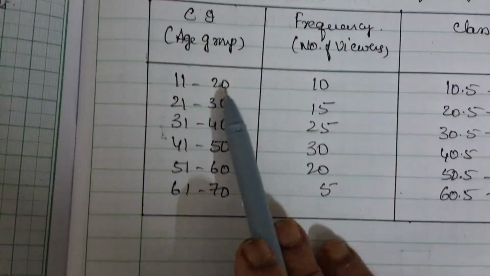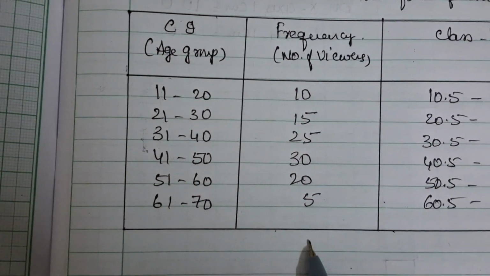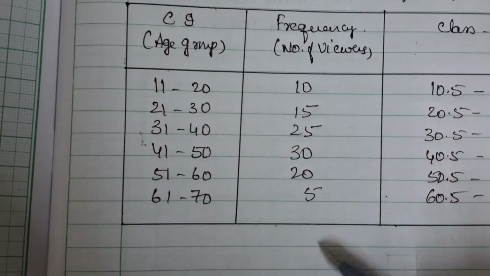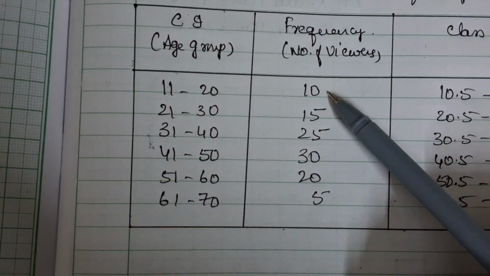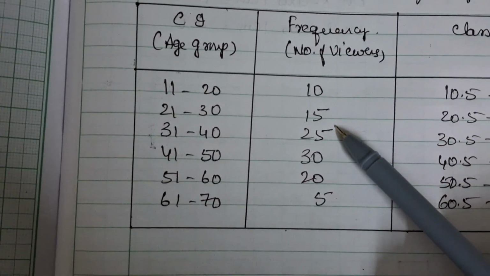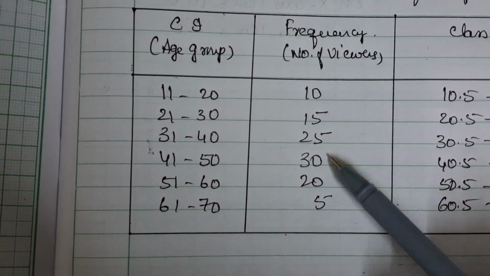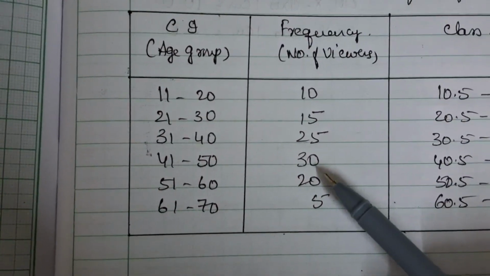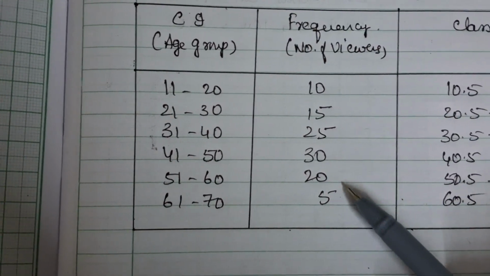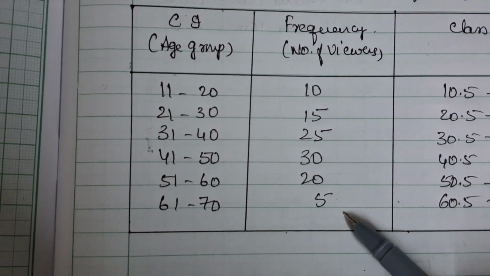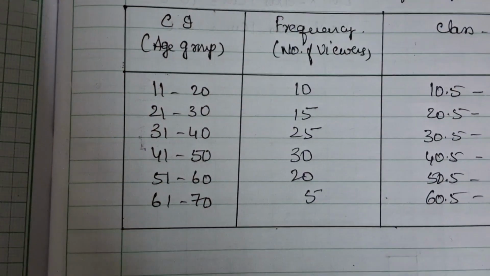These are the frequencies, meaning how many people are viewing this channel: 11 to 20, 10 members; 21 to 30, 15 members; 31 to 40, 25 members; 41 to 50, 30; 51 to 60, 20; and 61 to 70, 5 members are watching this.